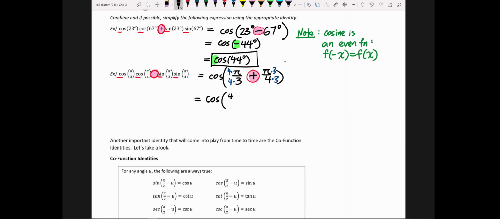So we have 4 pi over 12 plus 3 pi over 12. And so that simplifies to 7 pi over 12. Okay, so we can go from condensed to expanded or from expanded to condensed.